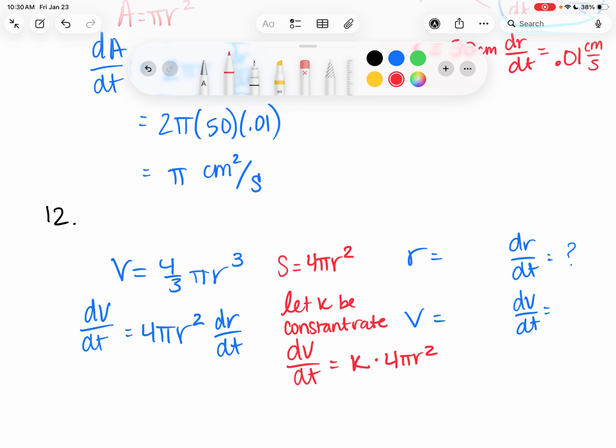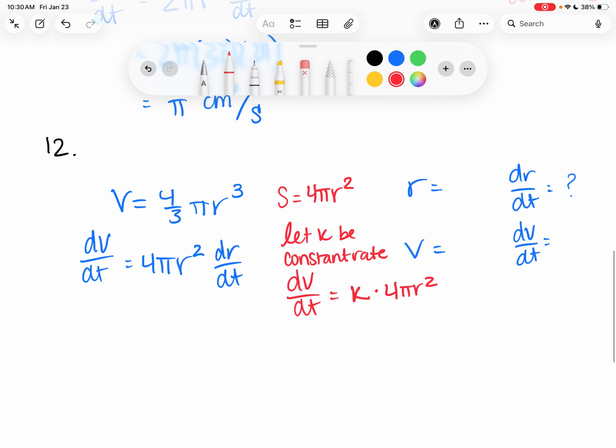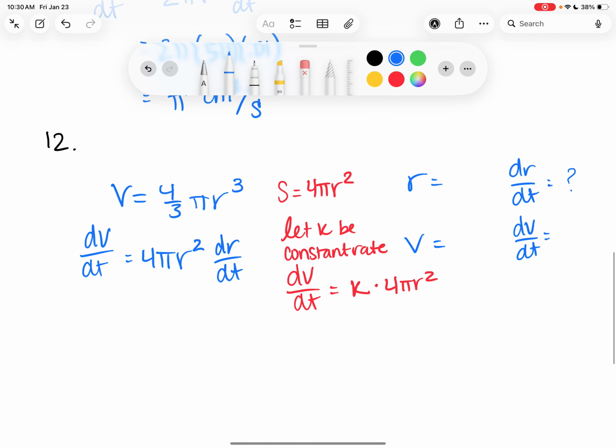If I set the two things that I had equal to each other, so this K times 4 pi r squared and this 4 pi r squared dr/dt, because both of those things are equal to dV/dt, then I can solve it down and basically prove what I'm trying to show. So 4 pi r squared dr/dt equals K times 4 pi r squared.